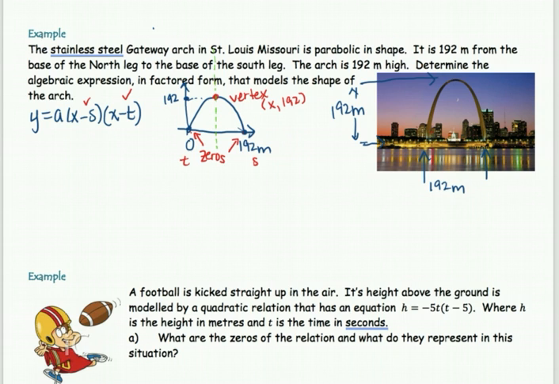Let's find that here, and then we can solve this problem. The axis of symmetry equation would be taking the two zeros, adding them up, and dividing by 2, because you're finding the midpoint. When you do that, you get 96. So the axis of symmetry equation is x = 96, and this is the x value of the vertex.